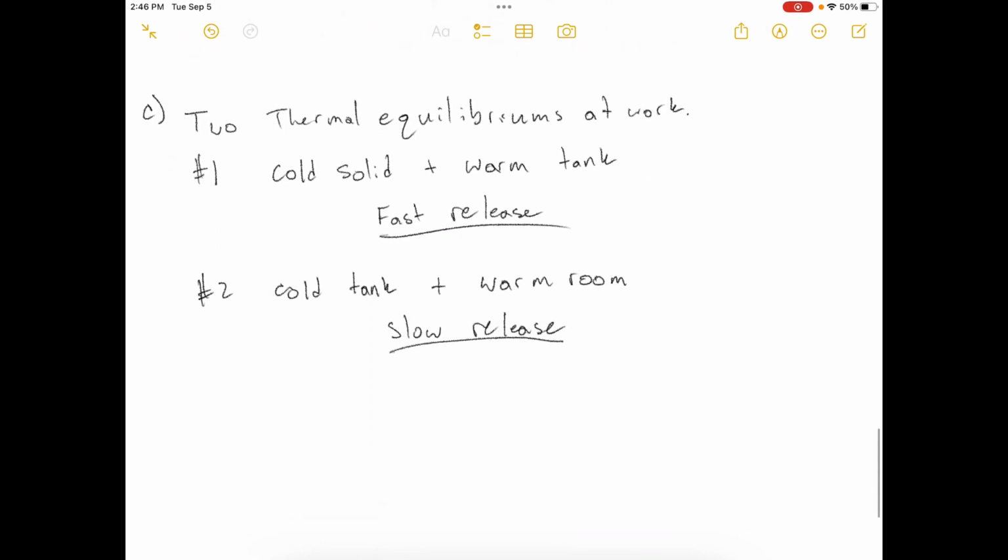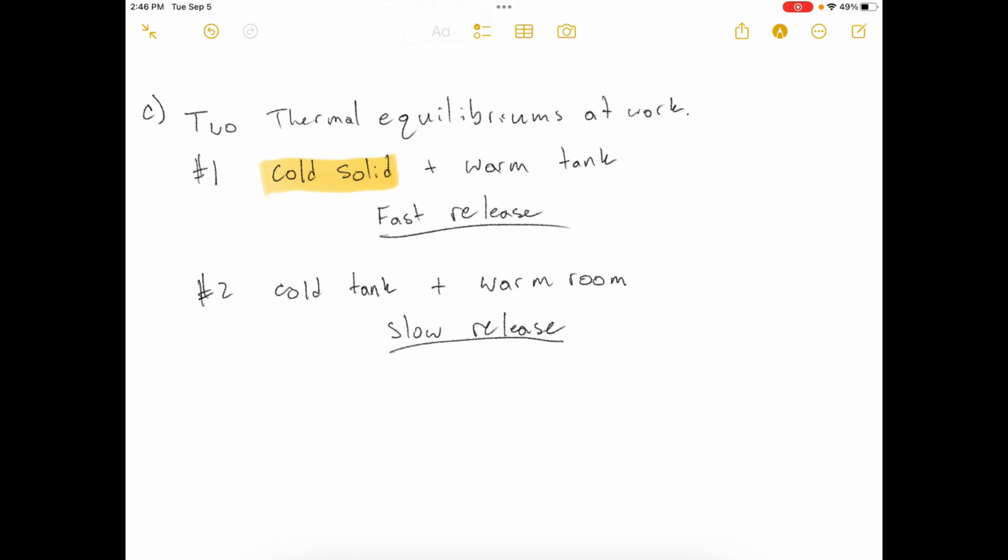Part C. Explain the observed variation of pressure with time. More specifically, what is happening in the tank during the initial rapid pressure increase and during the later slow pressure increase. Part 1, fast temperature increase.